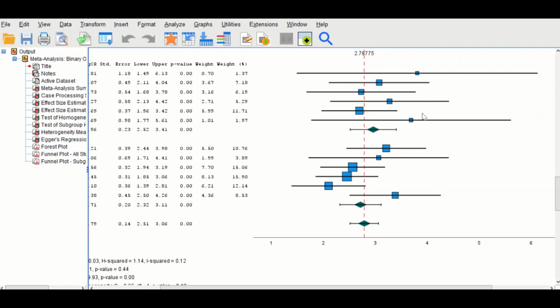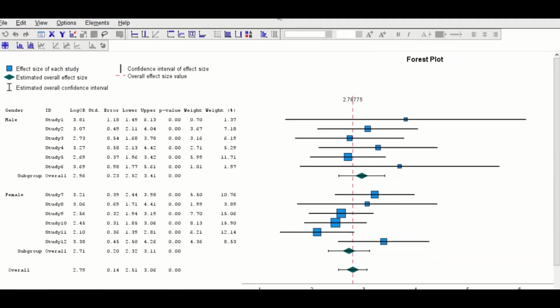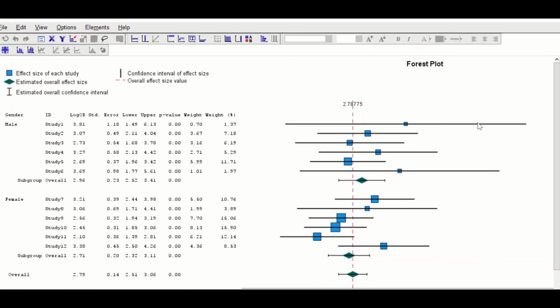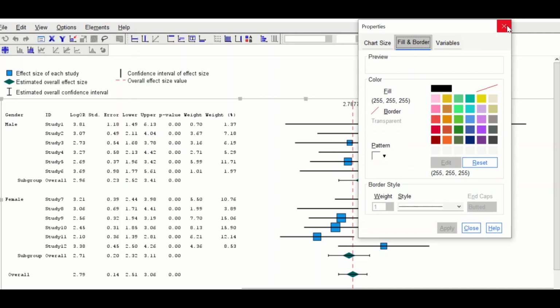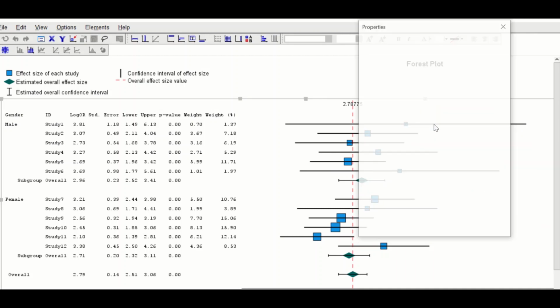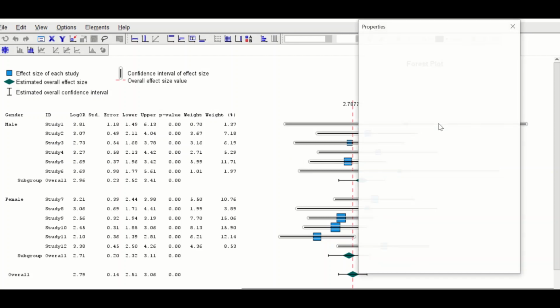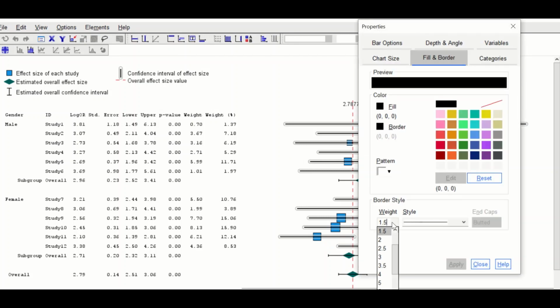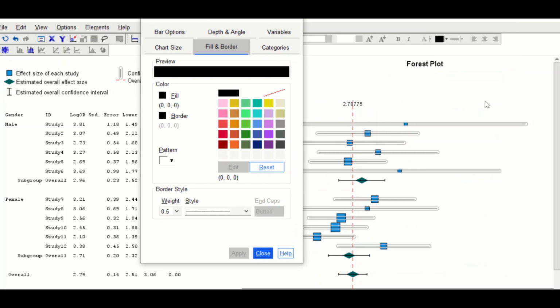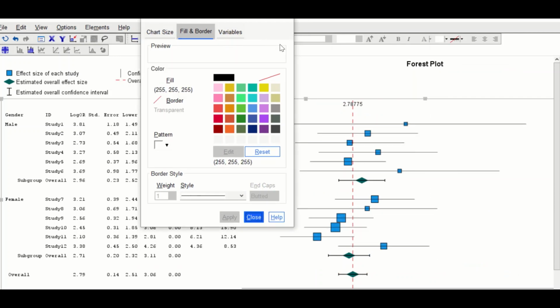To do a few edits on the plot, click on this graph or plot, and then double click on the 95% confidence interval and select that as shown here. Then let's make this 0.5 to make it thinner, apply, and as shown here, this made the horizontal line thinner.